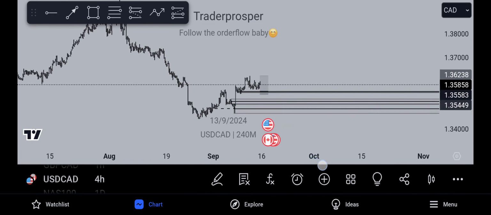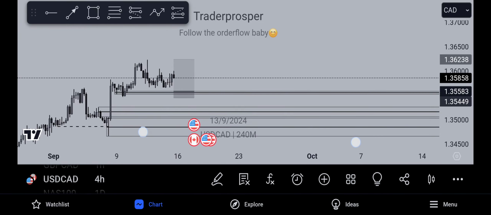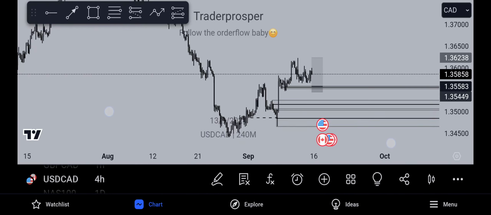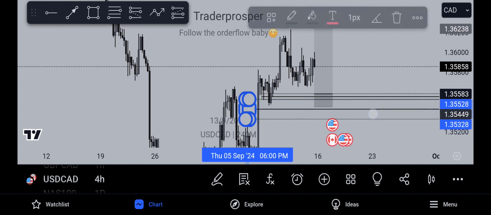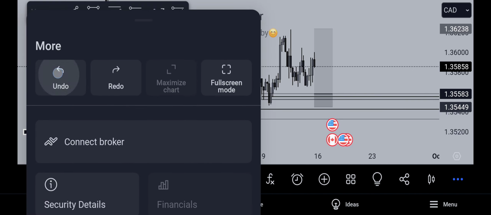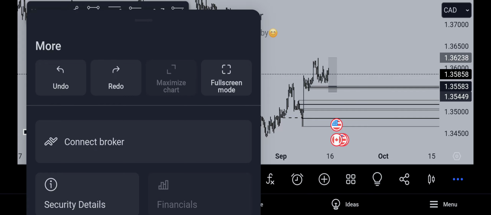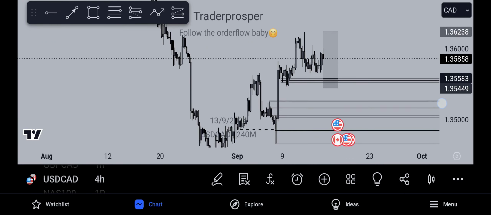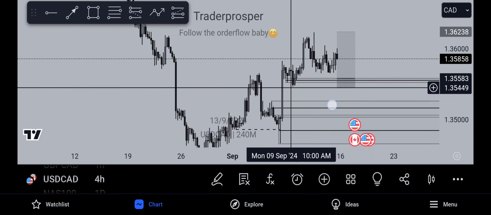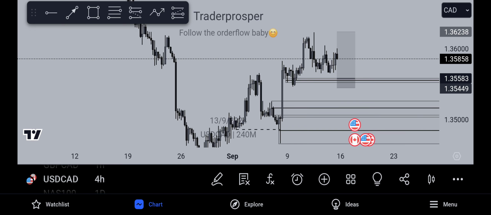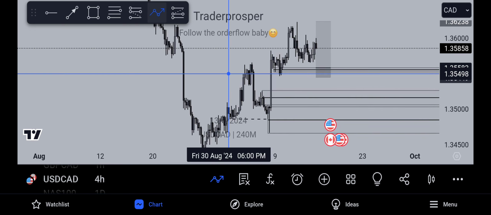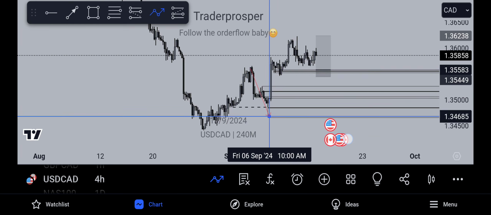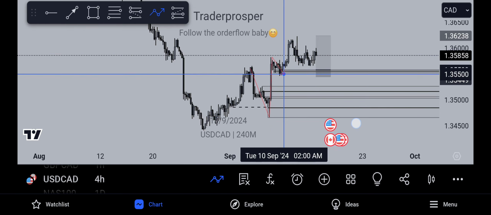USD card, we are still bullish on USD card. And we are expecting this to hold this low here, but it's just a low probability setup, because if you look at this very well, you are going to see that this is the sweep and this is the inducement.